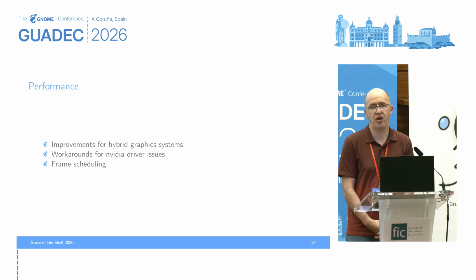And we are trying to dynamically find a balance which works for the given system, because the balance also depends on the performance characteristics of the system. But it's tricky, and so we are always trying to improve that.